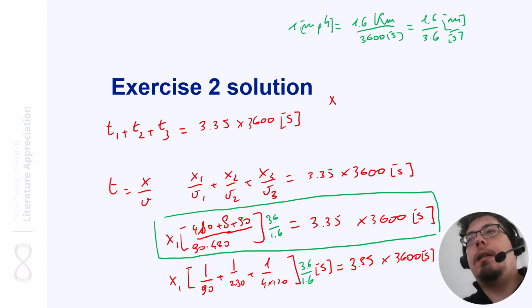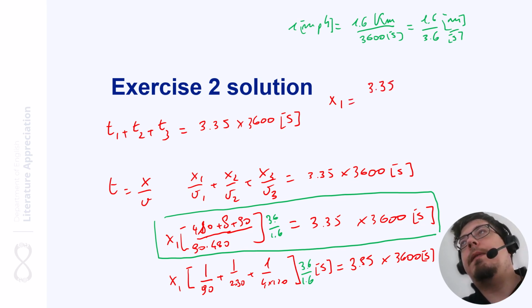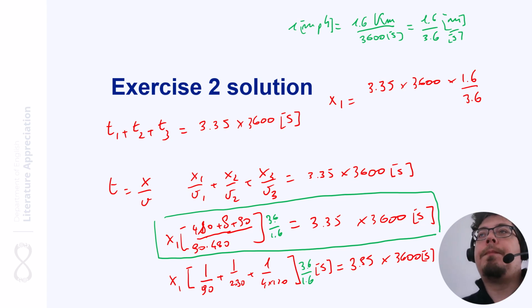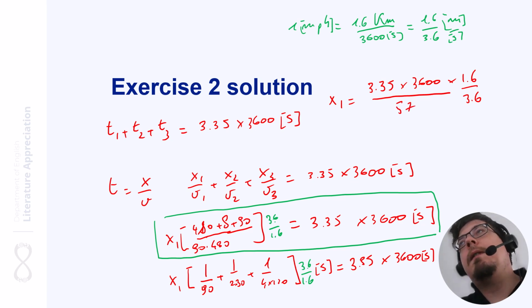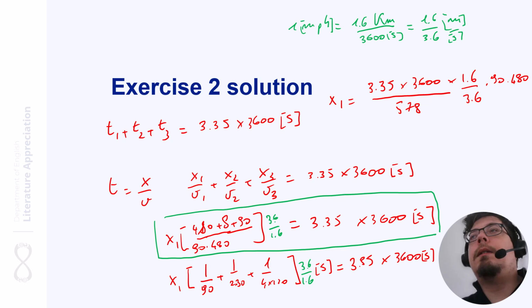You can do it the way you prefer, but basically this is the time 3600, and then we multiply by 1.6, we divide by 3.6, and then we divide it by 578, which is the sum of the denominator, and we multiply by 90 times 48, and this is in meters, sorry.